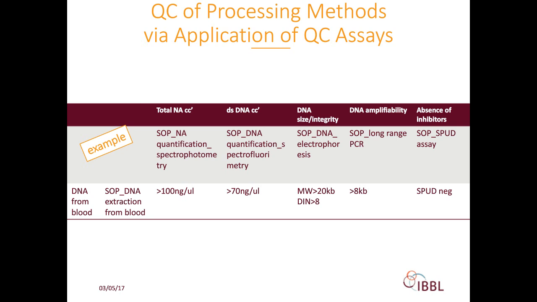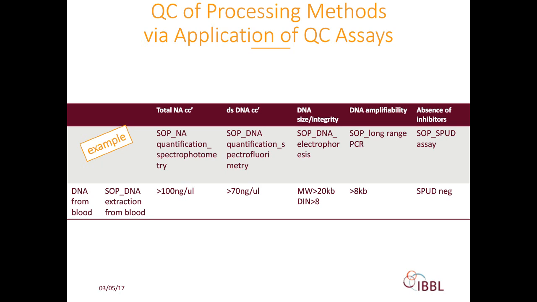We perform a spectrofluorimetric assay where the result should be higher than 70 nanogram per microliter, a microfluidic electrophoretic assay on 4200 TapeStation where the result should be DIN higher than 8, a long-range PCR assay where the result should be positive amplification for an 8 kb long amplicon, and we also perform a SPUD assay where the result should be absence of inhibitors.